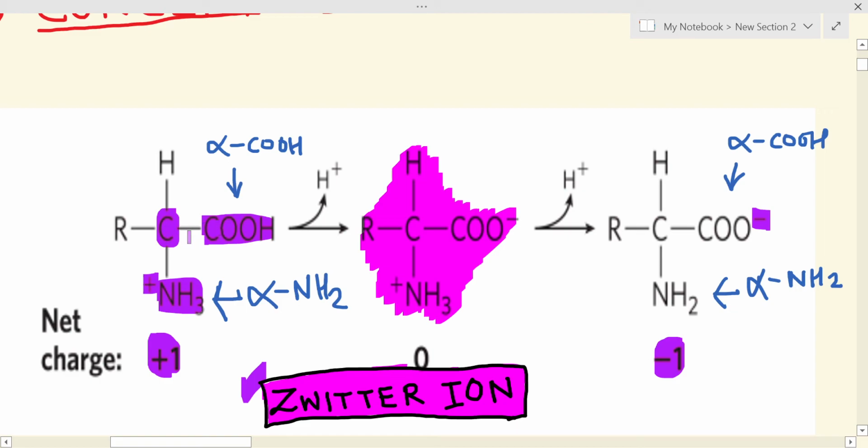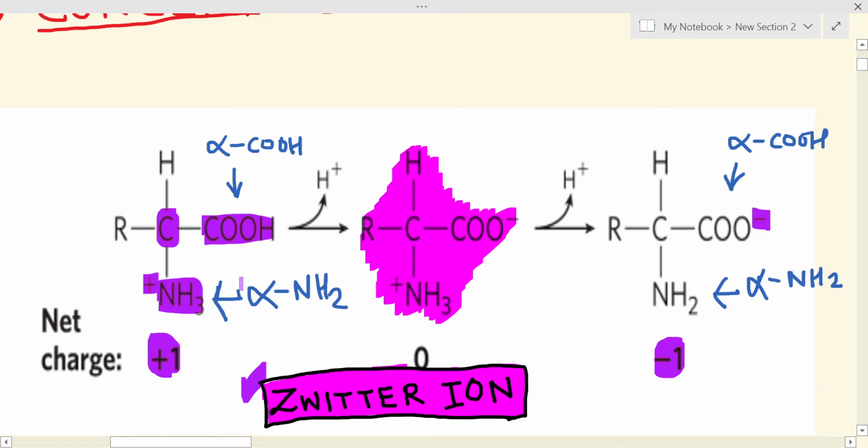This is the carboxylic group which is attached to this alpha carbon, and therefore it is known as alpha carboxylic group. Similarly, this is the ammonium group which is attached to the alpha carbon, so it is also known as alpha amino group.